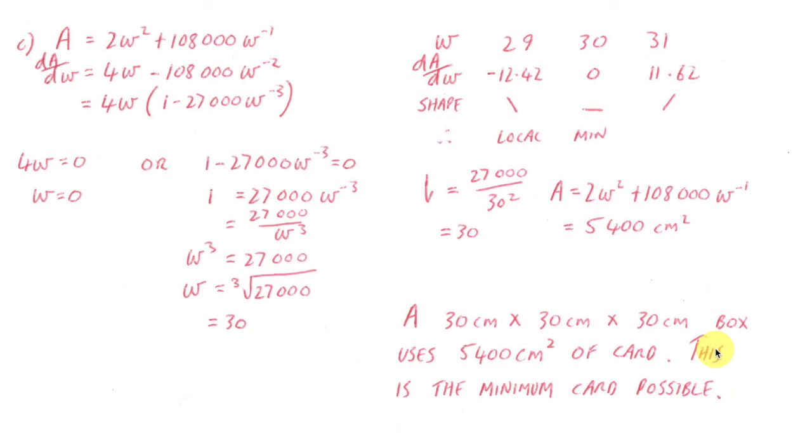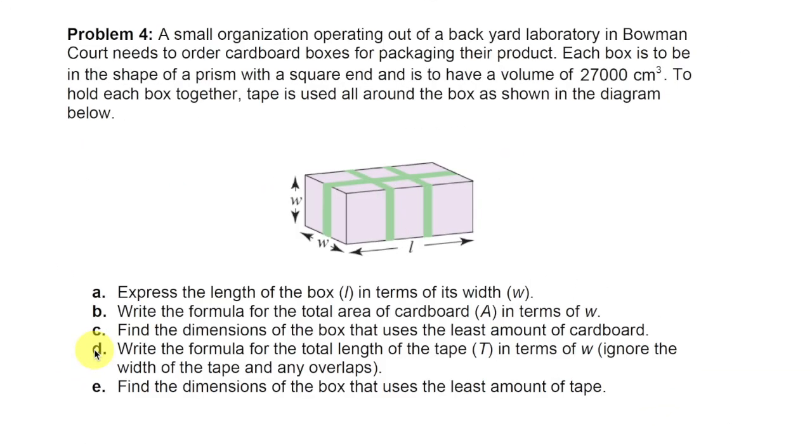So for part D, we're going to be taking a look at the length of tape. And what we need to do here is to write a formula for the total length of tape in terms of W. So you can see here that if I consider the front of the box, I've got 2 W's as far as the tape is concerned.